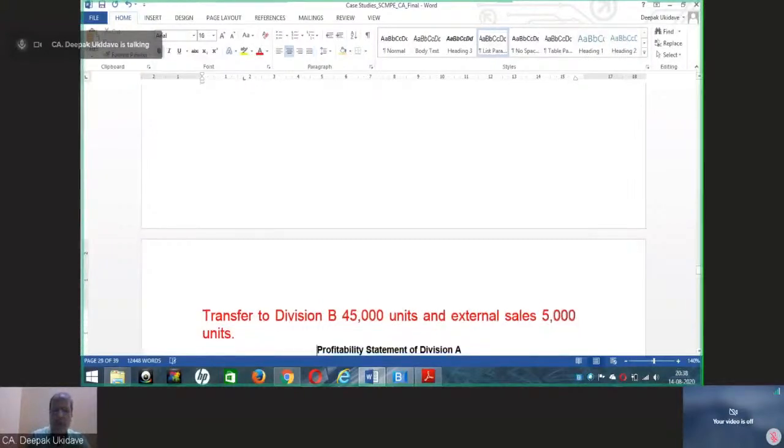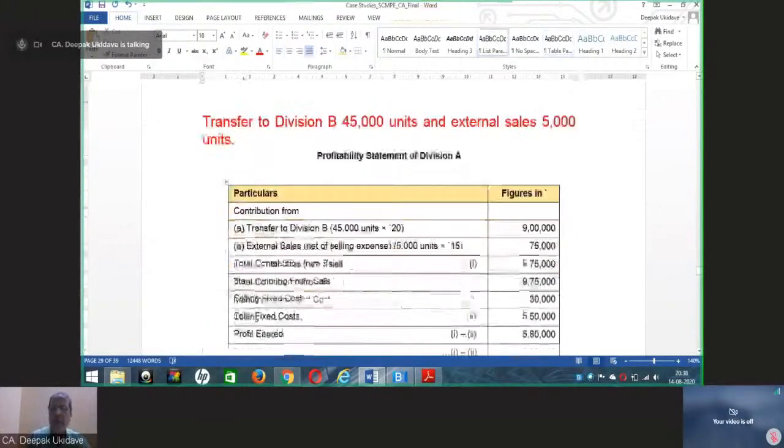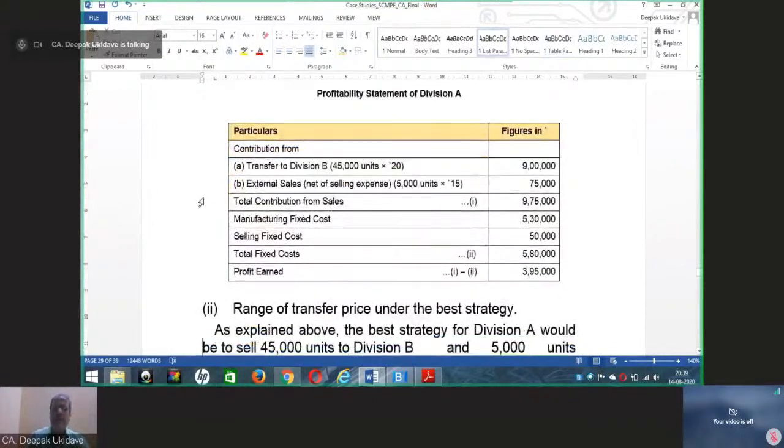So I'm putting all together on one page so that you can see it at a glance. See whether you can understand these figures. Contribution from transfer to division B: 45,000 units you are transferring to division B at the rate of rupees 20. So your total contribution is 9 lakh rupees.